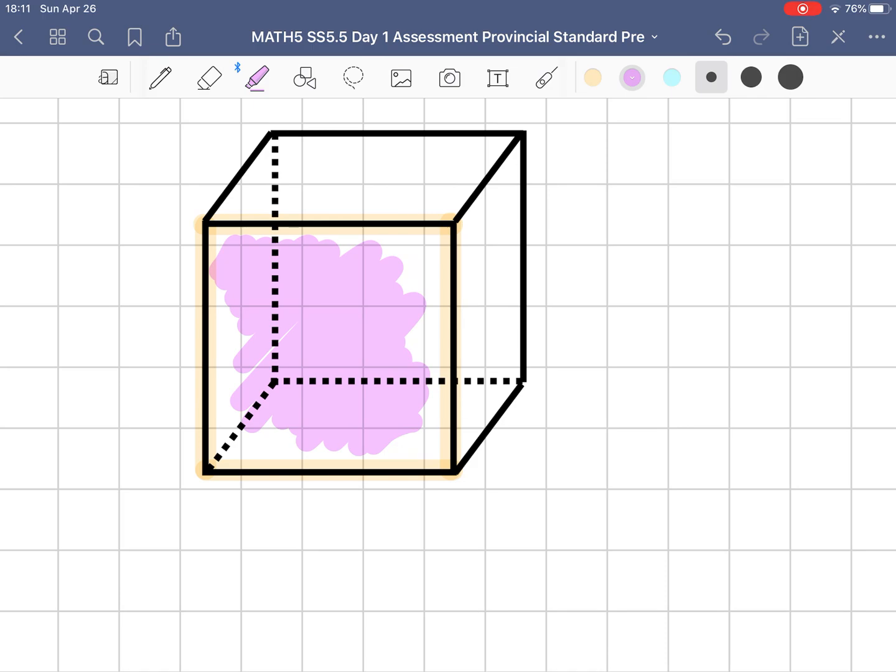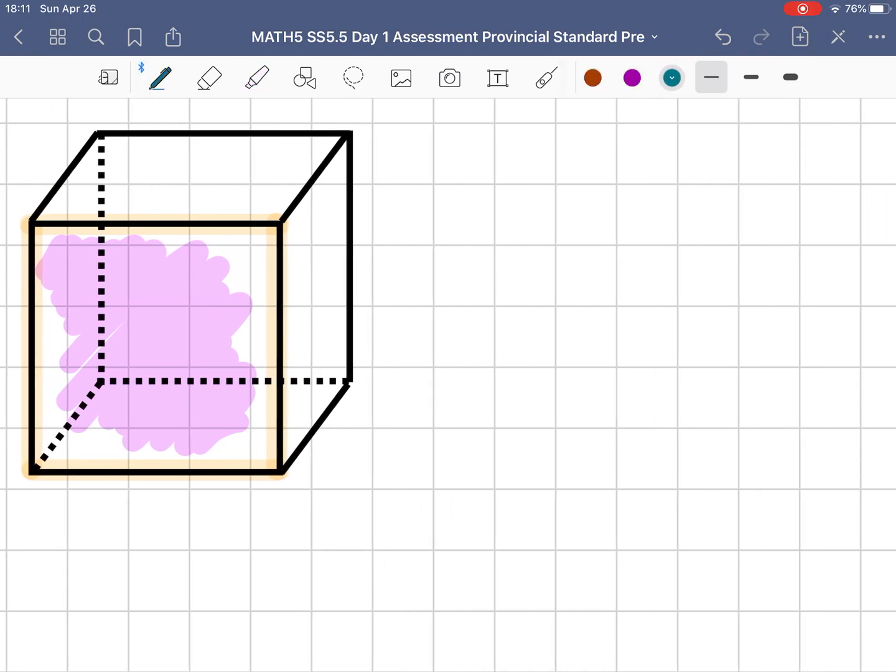The edges of a cube are just the sides of a square face.